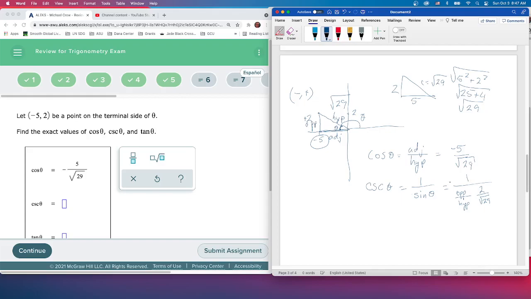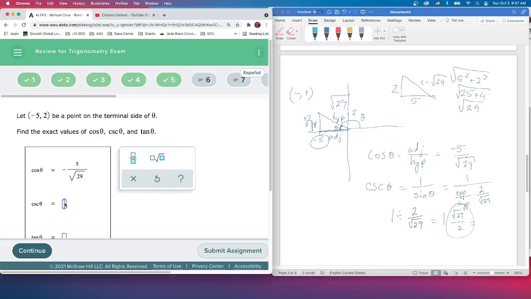So remember, you just take the reciprocal: square root of 29 over 2. If you didn't remember, it's 1 divided by 2 over square root of 29. To do this, we flip the second fraction, invert and multiply, right? 1 times square root of 29 over 2, which is just square root of 29 over 2. Okay, that's cosecant.